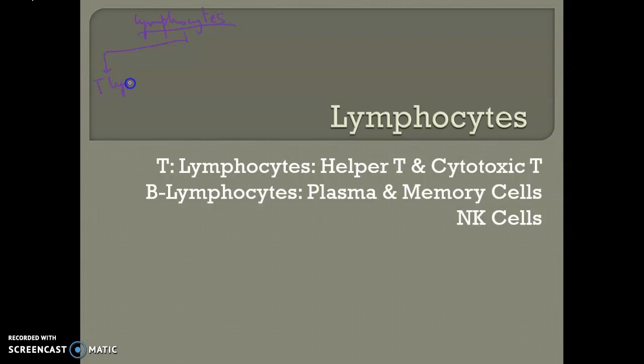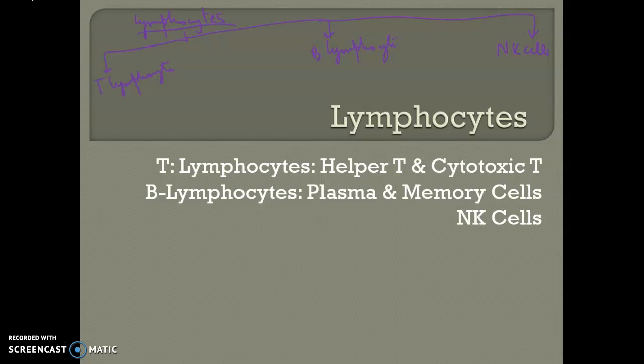T lymphocyte, then B lymphocyte, and then we have NK cells or natural killer cells. Okay. The T lymphocytes are also called T cells, the B lymphocytes are also called B cells, and the NK cells also go by natural killer cells.